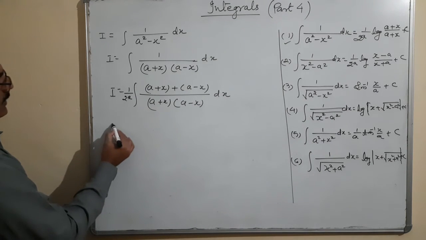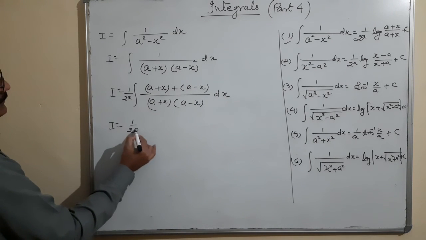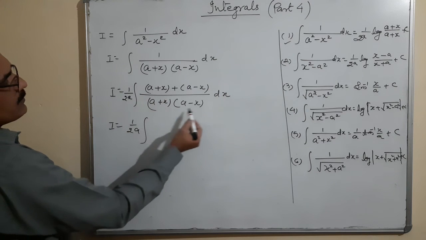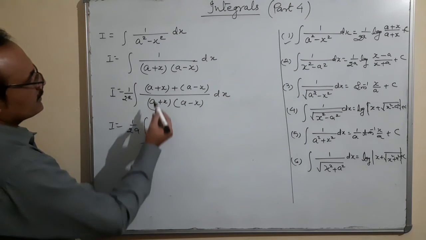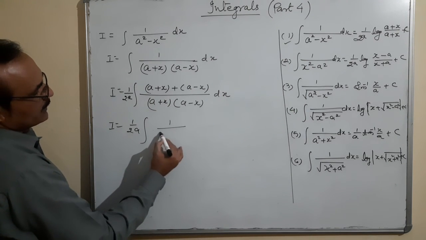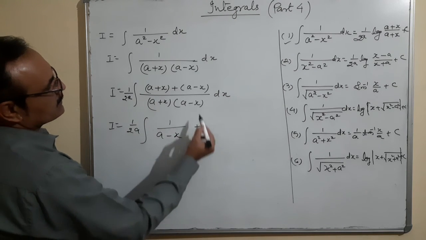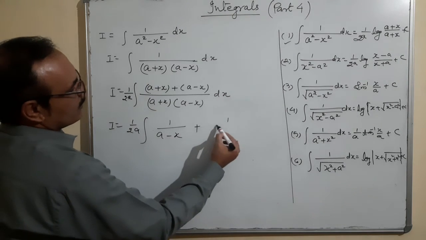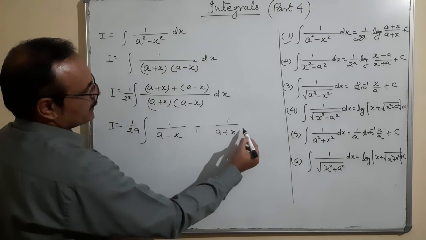I is equal to 1 upon 2a times a plus x upon a plus x with a minus x. So a plus x cancels and I write 1 upon a minus x, plus a minus x cancels, 1 upon a plus x. Hope you have understood it.